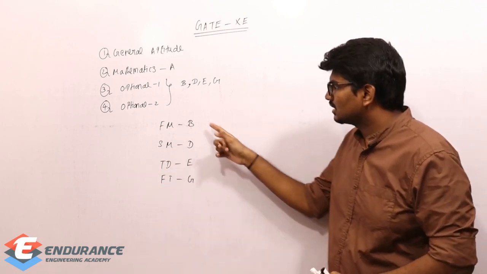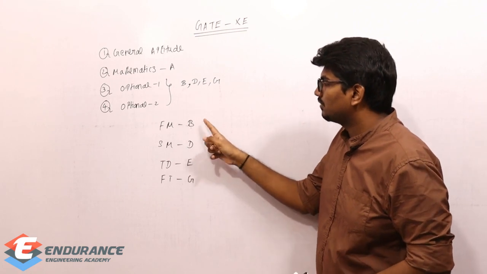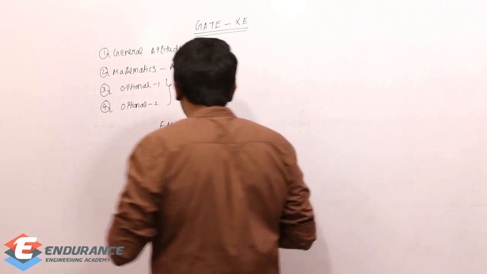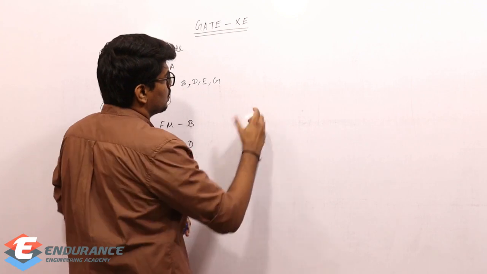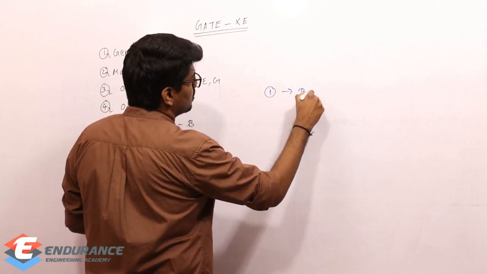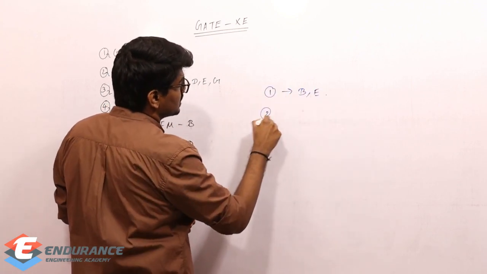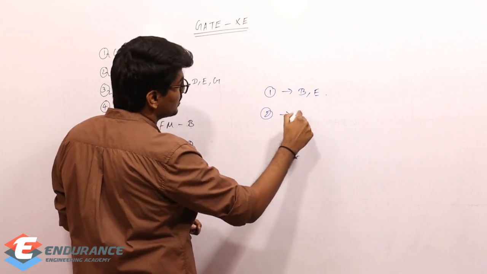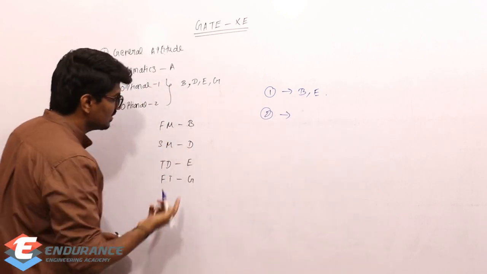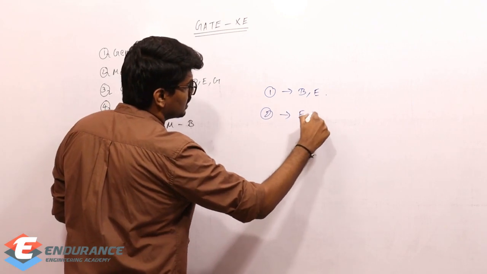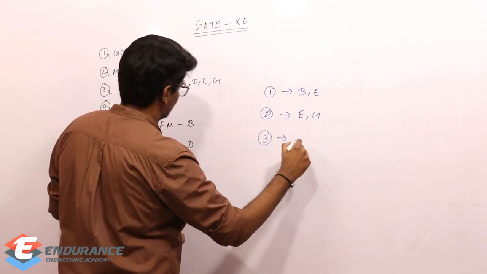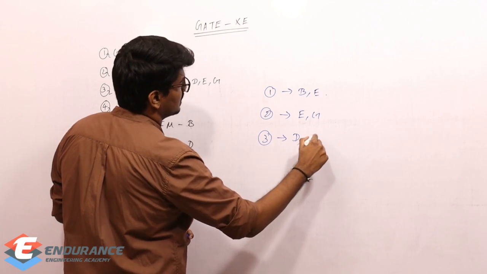For example, let us consider FM and thermo. These are the two things, and let us consider person 1 is selecting his combo as B and D. There is another person who is selecting, it's completely hypothetical, or else let me keep it very easy, E and G. And there is another person who is selecting strength of materials and thermo.